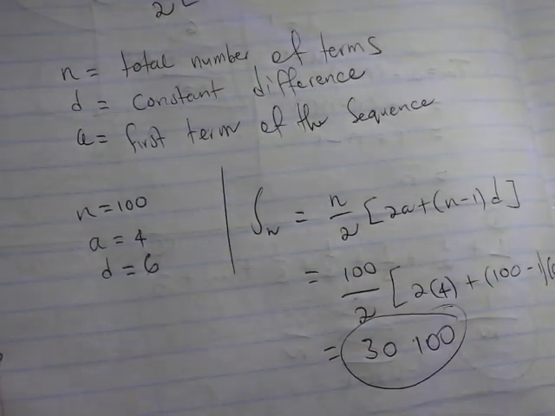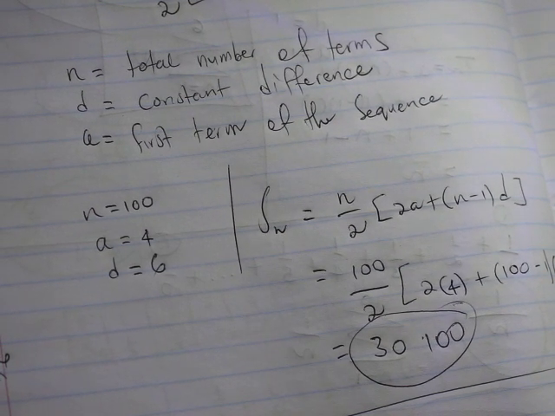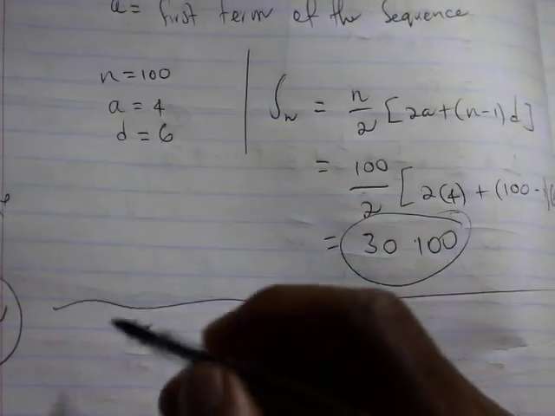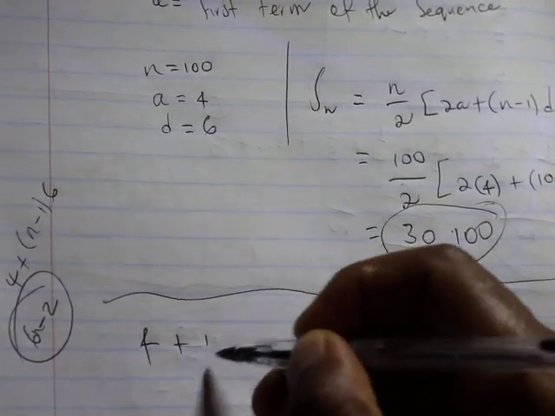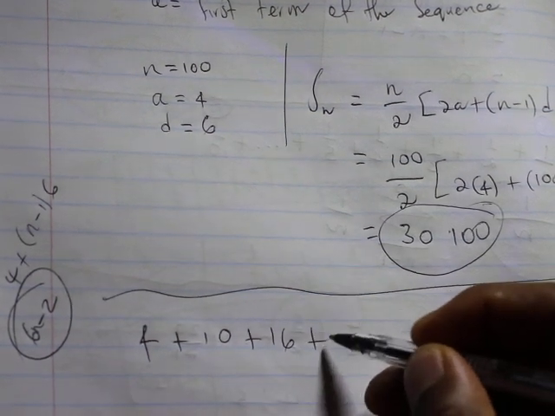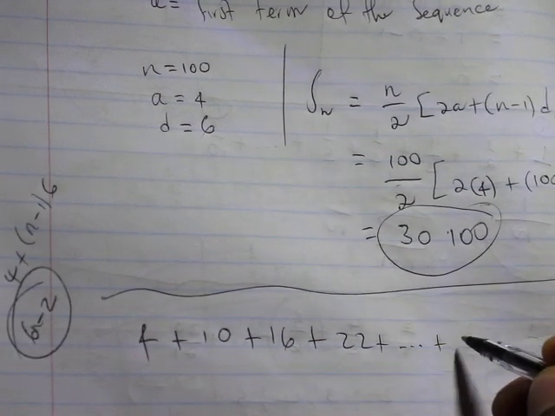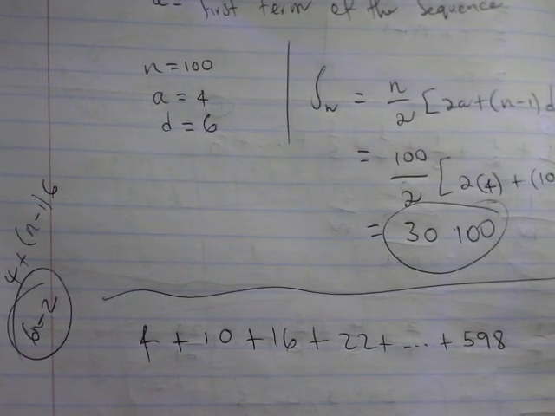So I want us to check, what if we ask the question slightly differently? They're saying, okay, you are given 4 plus 10 plus 16 plus 22 plus up to term number 598.